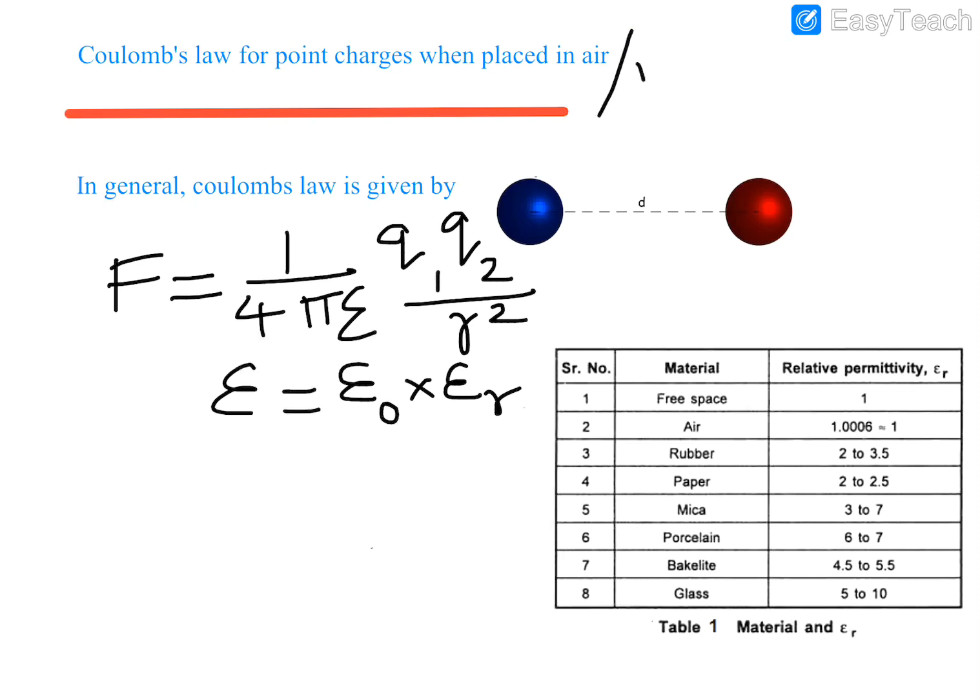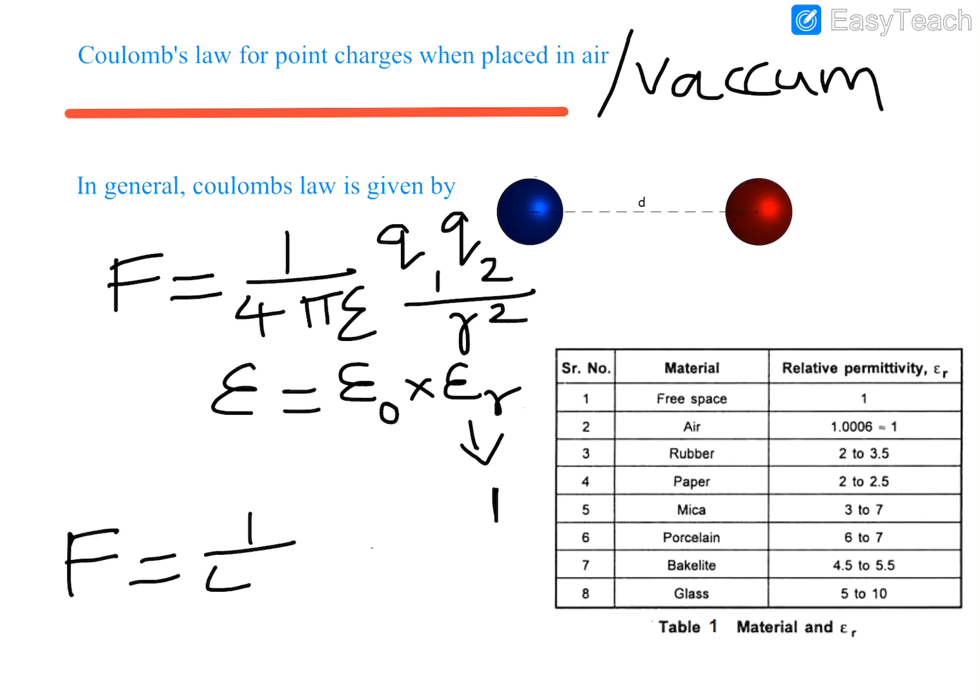Here you can also consider free space, that is vacuum. In both cases Coulomb's law will have the same form, and what will be that form? In both cases, air or free space, epsilon r is 1. So Coulomb's law will be 1 by 4 pi epsilon, where epsilon is equal to epsilon 0 into epsilon r, and epsilon r is equal to 1.